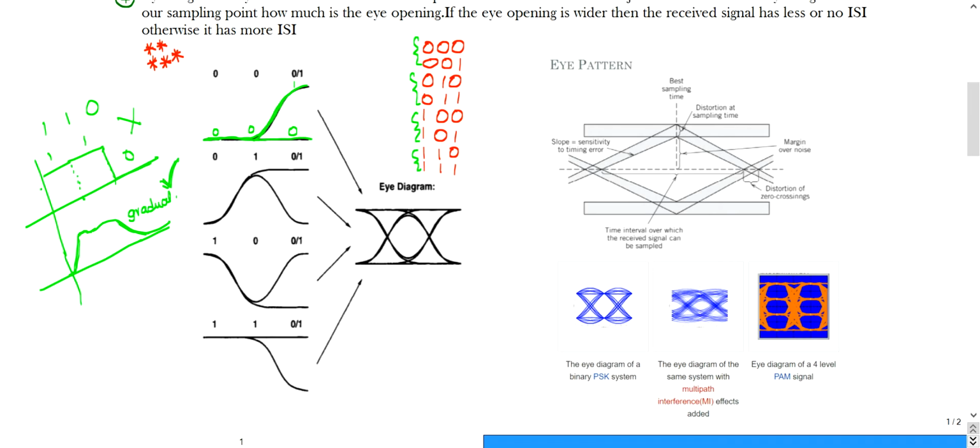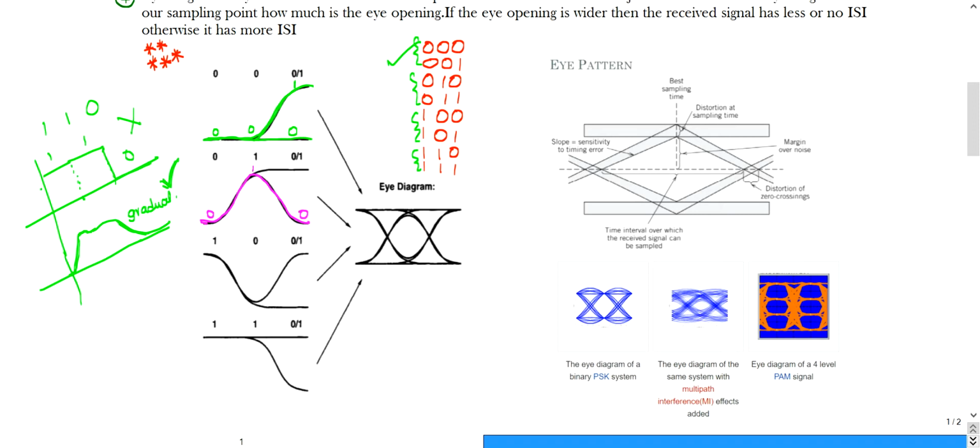So I took 2 diagrams at a time, 000 and 001. Now let us go for the next 2. 010 means first it should be a 0, then a 1, then a 0, gradually decreasing. This is 1, this is 0, this is 010.